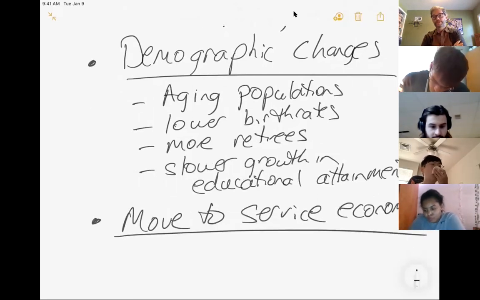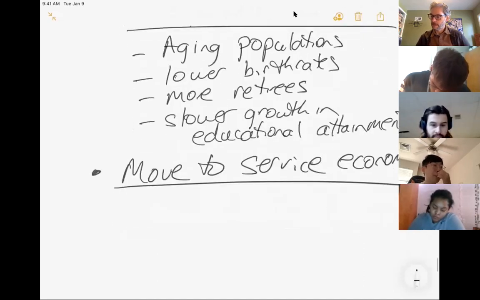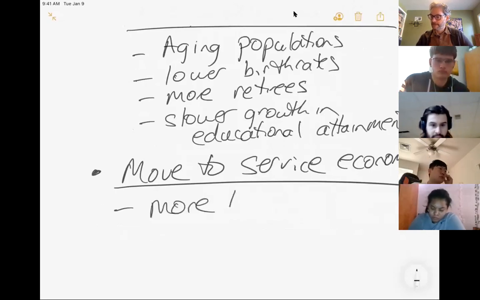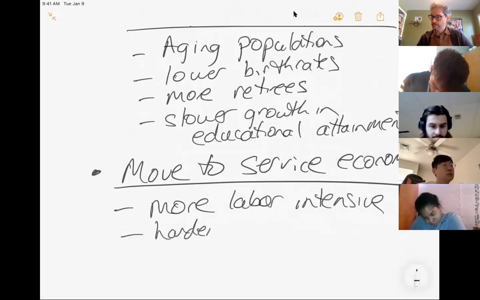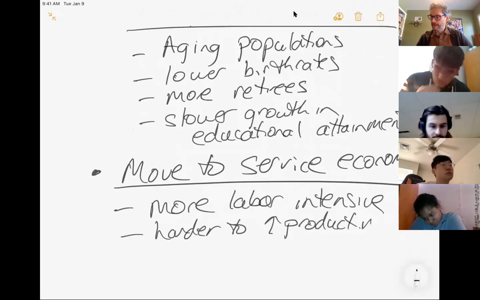The move to a service economy is probably playing a big role in this. What's the thing about a service economy? It's more labor intensive. And what's the thing about labor? It's harder to increase the productivity.